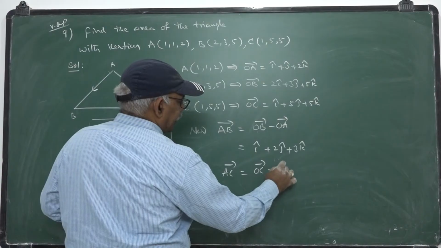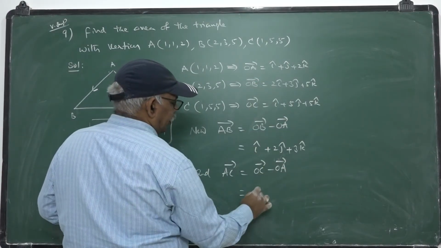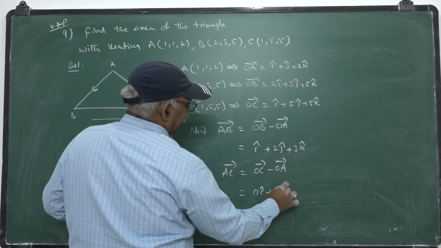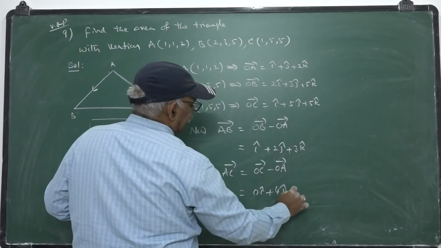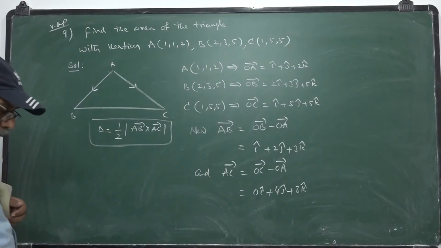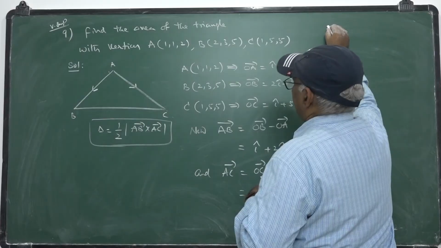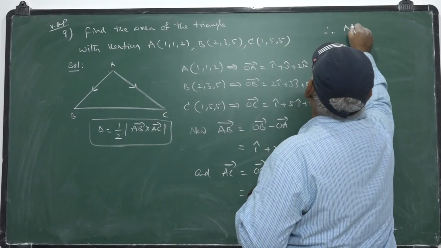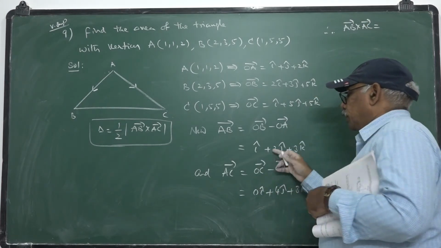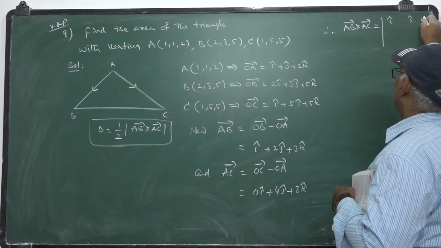Similarly AC bar is the position vector of C minus position vector of A. C minus A gives us i minus i, 0i; 5j minus j, that gives us 4j; 5k minus 2k, that gives us 3k. This is AC bar. Now to get the area, find AB bar cross AC bar initially, the cross product of these two vectors, obtained by the determinant i, j, k.